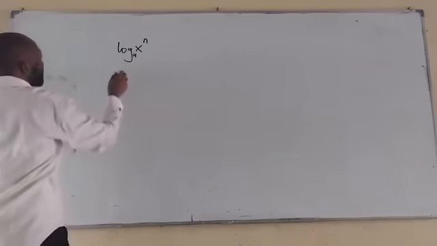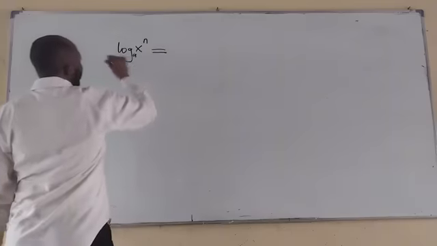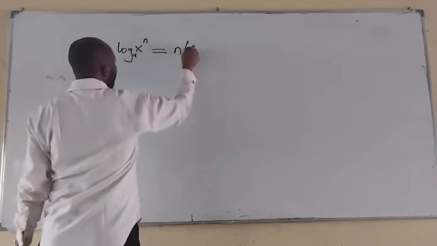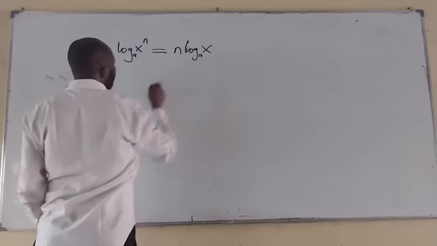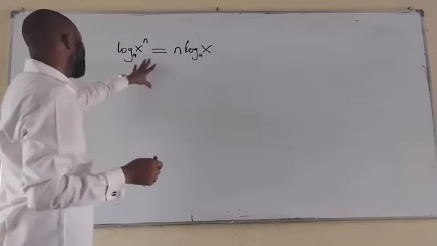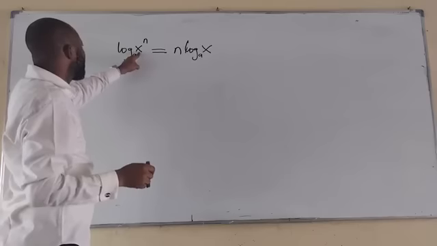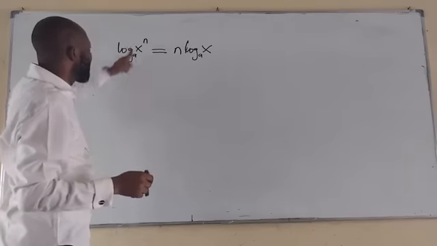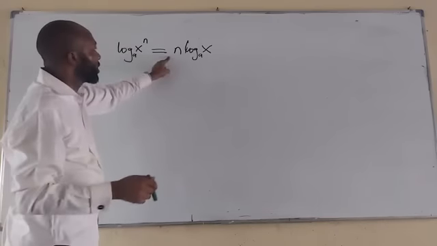So this can therefore become n multiplied by the log of x in base a. So let's see a practical application of this. That is what the law says. When the log of a number x is raised to the power of n in base a, the power n can be used to multiply the log, which is this.